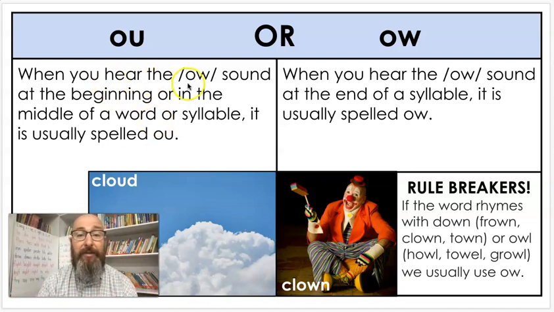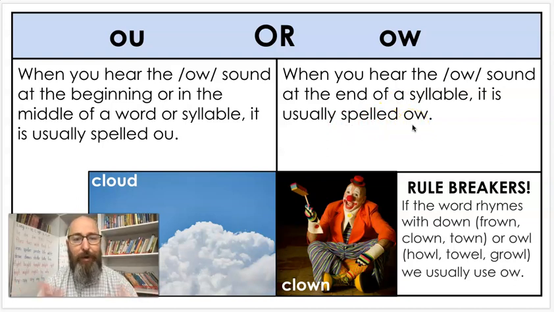When you hear the ow sound at the beginning or in the middle of a word or syllable, it is usually spelled OU. Like the word cloud. We hear that ow sound in the middle. When you hear the ow sound at the end of a syllable or word, it's usually spelled OW.